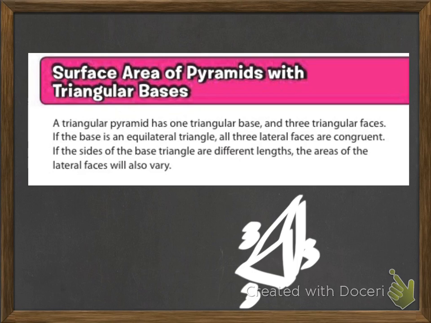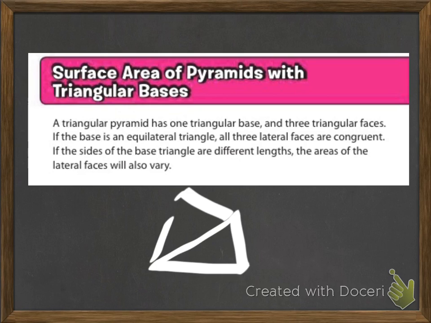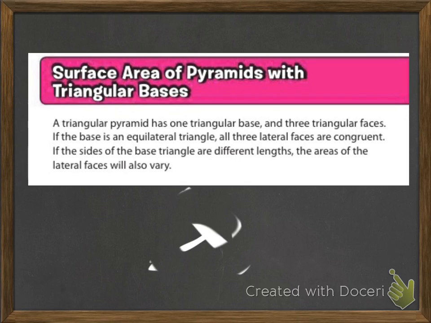You're golden. But what they're saying is that if the base triangle is not all the same sides, then you've got this point here and you've got all different sizes of triangles. So we'll see what we come across, but be prepared.